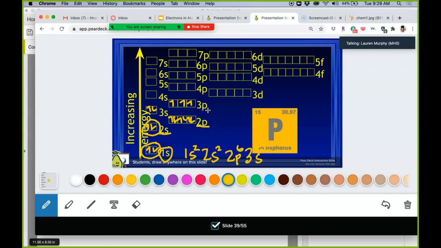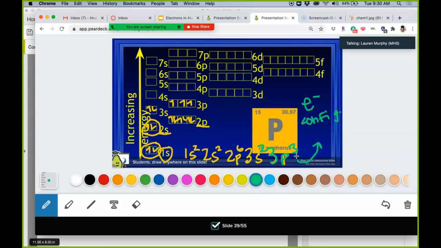The next one, 3p. Sorry, you kind of can't see that 2 right here. 3p. How many electrons are in there? 1, 2, 3. 3. So this is orbital notation, and this is electron configuration. That's what the second one was: we had orbital notation, electron configuration, and then we will do noble gas notation.